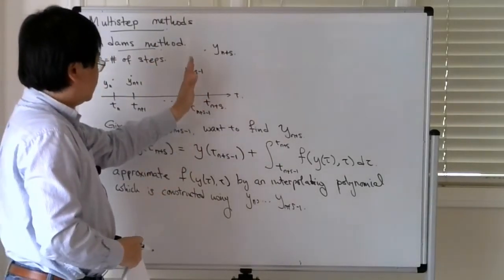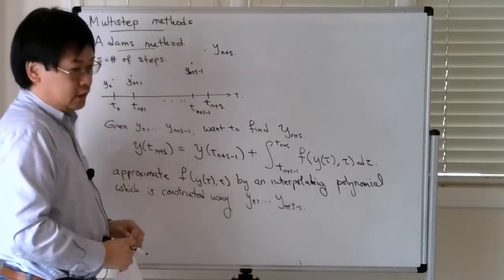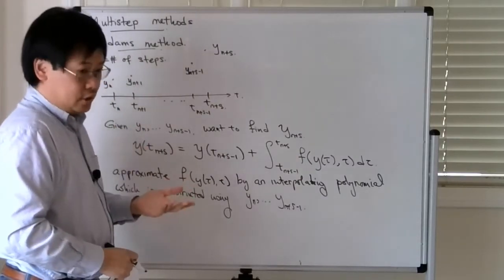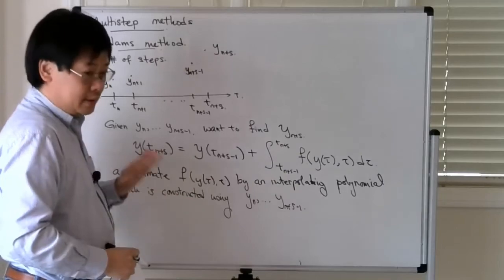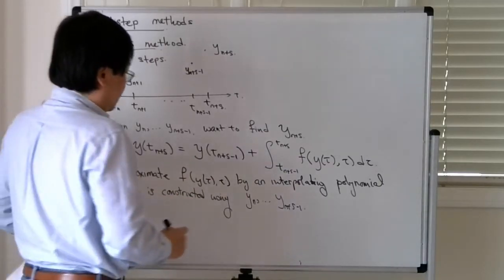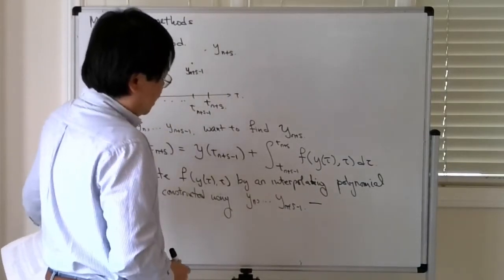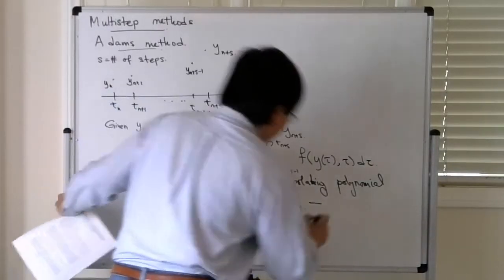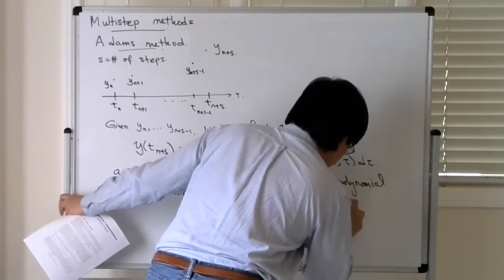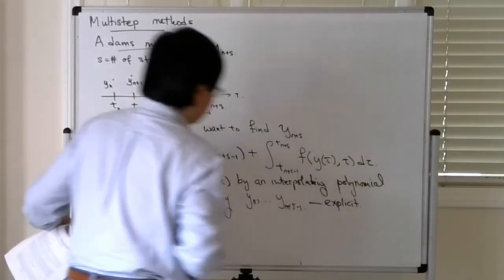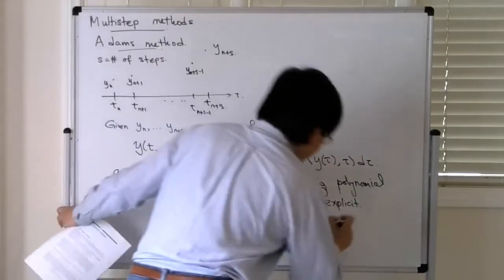If you would construct it using only the data which you already have available to you, you can check that you will get an explicit method. So the ones which depend on yn to yn plus s minus 1 will give you an explicit method. And this is going to be what is called the Adams-Bashforth methods.